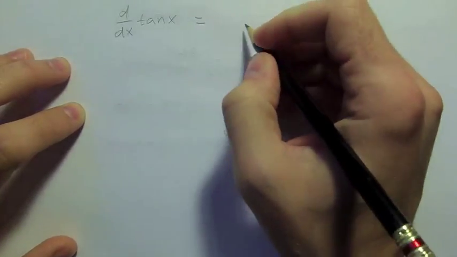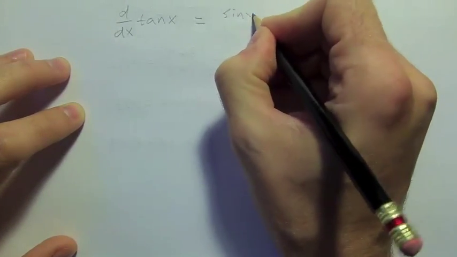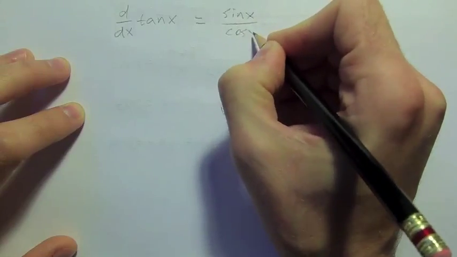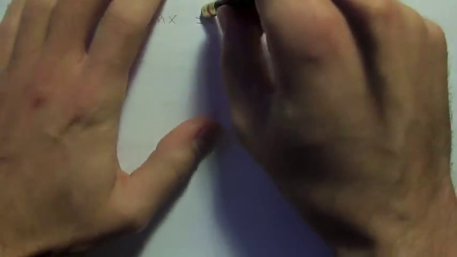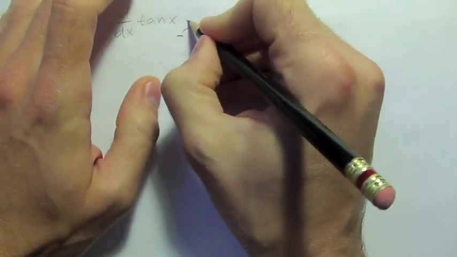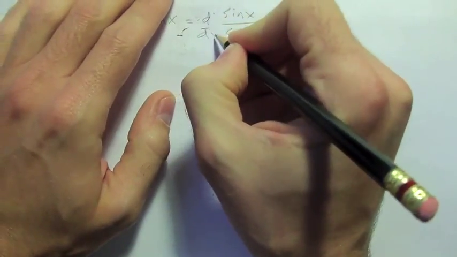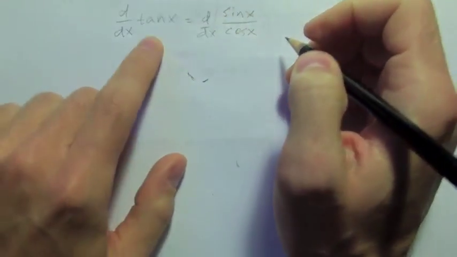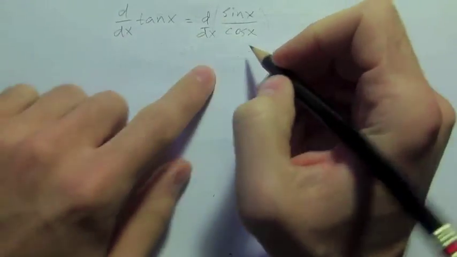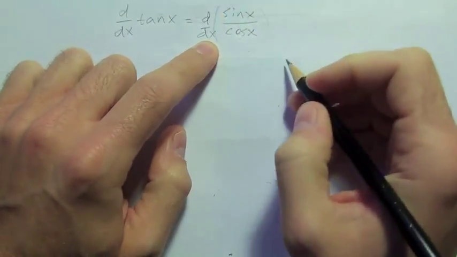Well, tangent I can rewrite as sine of x over cosine x. And I should put my derivative sign in there. Right, so basically if I'm taking the derivative of tangent, I'm taking the derivative of sine of x over cosine x.